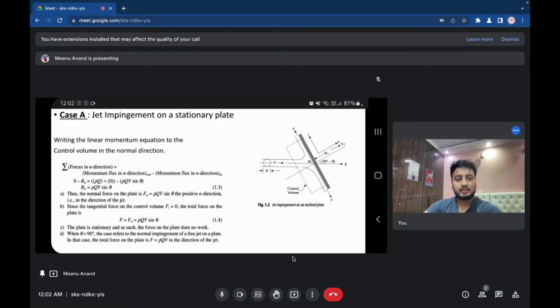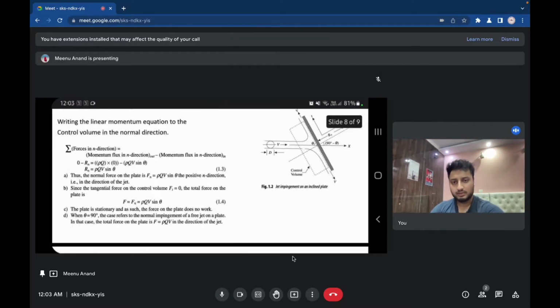Now, looking at figure 1.2, let Rn be the reaction force in the normal direction. The force on the plate in the normal direction is Fn, which is equal and opposite to Rn. While the velocity entering the control volume in the normal direction is V sine theta, the velocity leaving the control volume in the normal direction is zero.